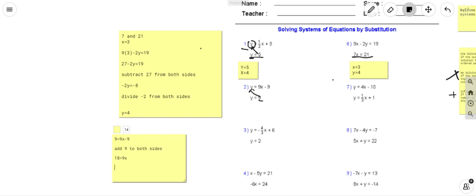And then we would divide, to do the opposite of multiplication. We would divide both sides by 9, since 18 is divisible by 9. 18 divided by 9 would equal 2, and x would equal 2.